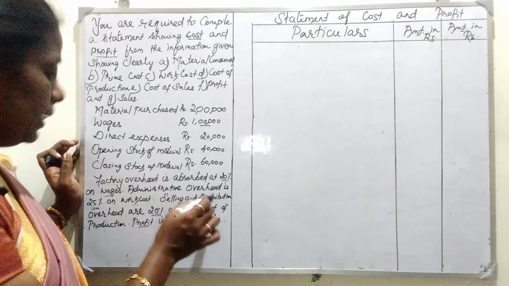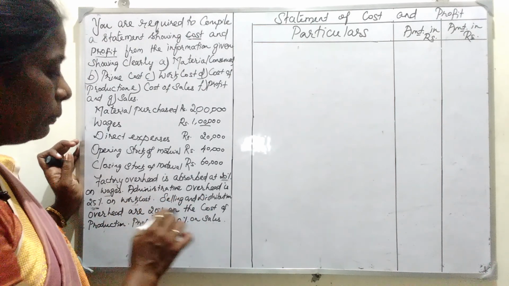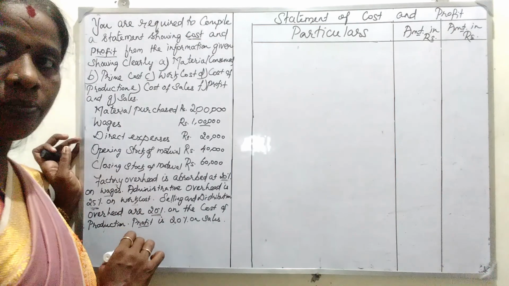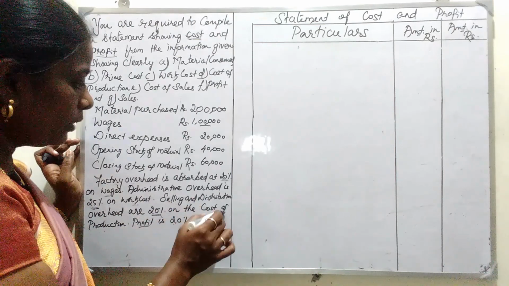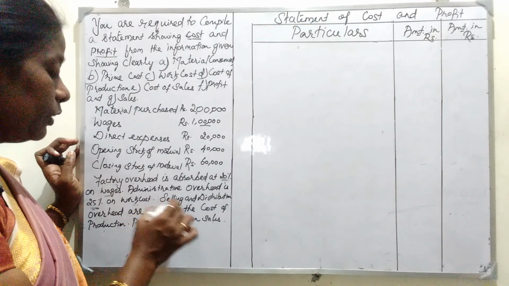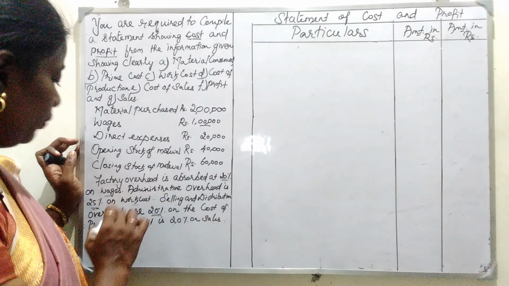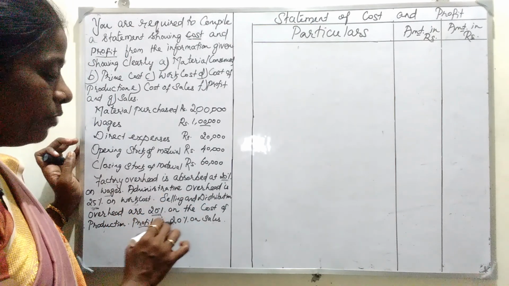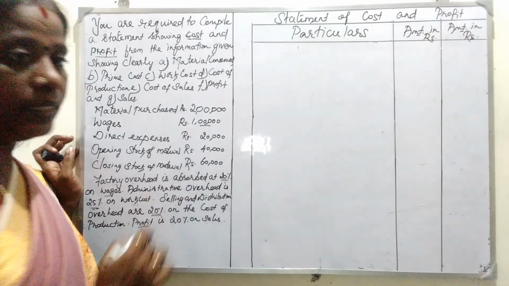Same way, selling and distribution overhead is 20% on the cost of production. So we also find the cost of production first, and then on the cost of production 20% is the selling and distribution overhead. At last, profit is 20% on sales.